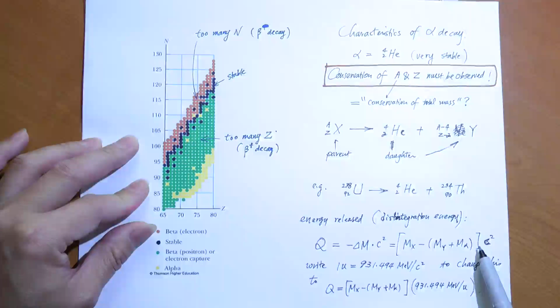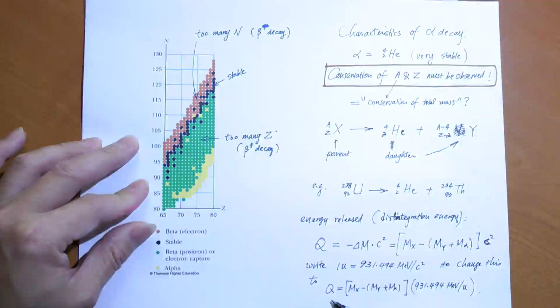The difference gives you the mass that's converted into energy. So you multiply this by c squared, or if you want to get the answer directly in MeV, you realize that 1 u equals this many MeV over c squared, so c squared itself equals 931.494 MeV per u. So you replace c squared with this, and then you write m_X, m_Y, m_alpha in terms of u, as we usually do in nuclear physics, and what you get is MeV directly.